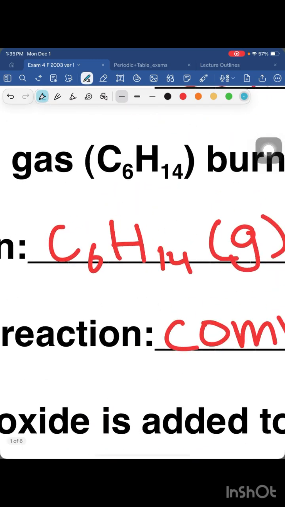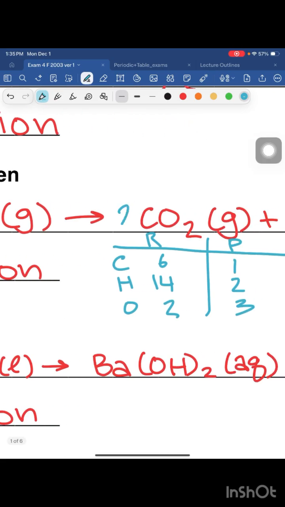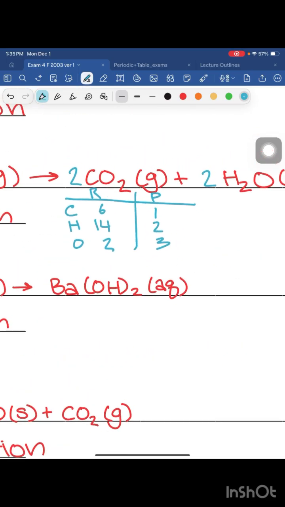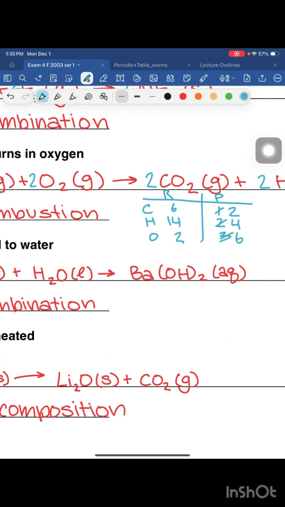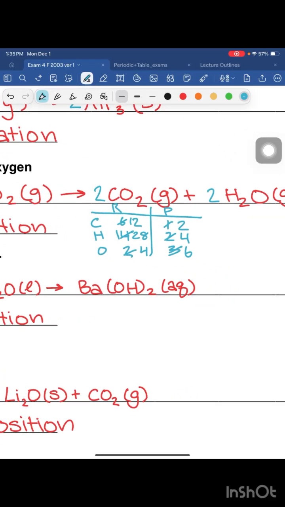So what you can do is just skip while you're ahead and just double everything to start and then figure the rest out, because at the end you're going to have to double everything anyways. So this becomes 2, 4, and 6. This side we've now got 12, 28, and 4. To get this to 12, I'm going to have to just multiply the 2 by 6, which gets me to 12.